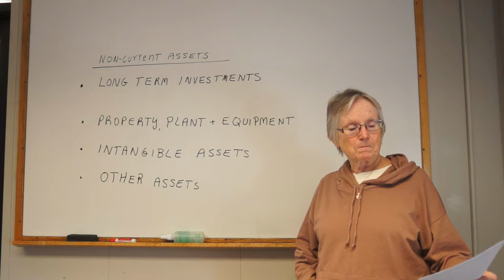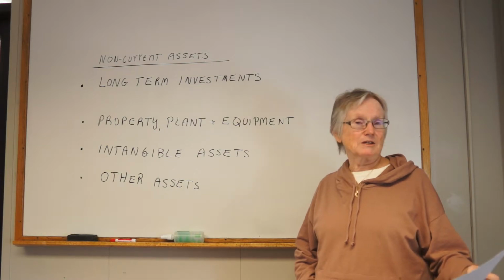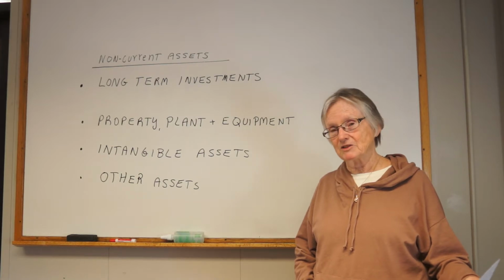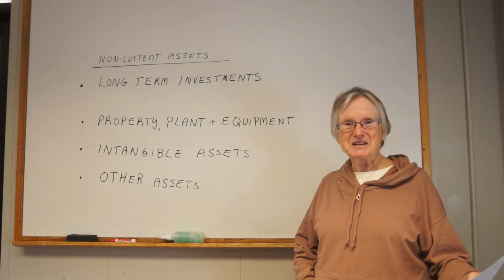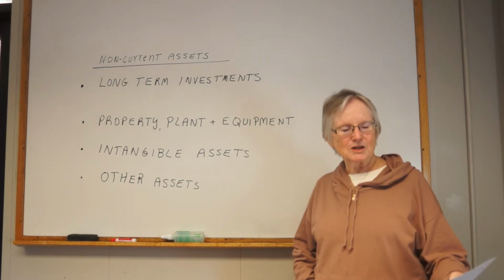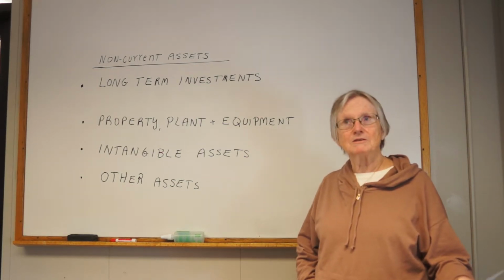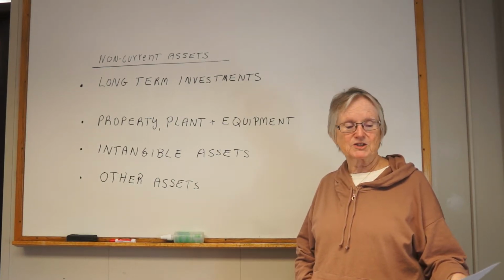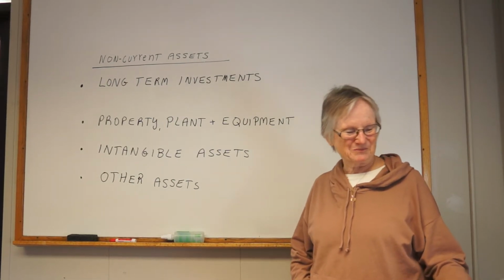If they are indefinite life intangibles, since you cannot divide by infinity, we do not amortize them because you can't do it mathematically. And so those with unlimited lives are evaluated annually to see if they have lost their value. So they're tested annually for impairment.